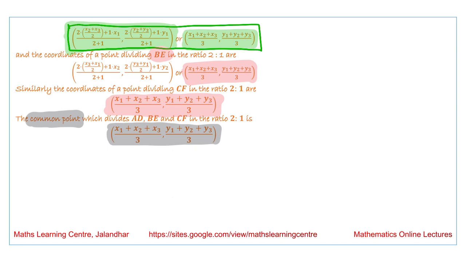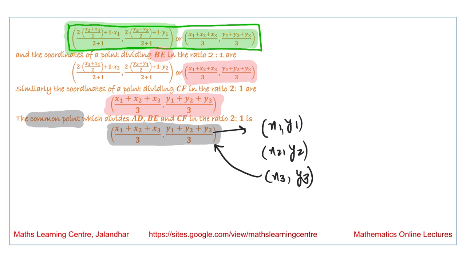These are the coordinates of the centroid of a triangle whose vertices are (x1, y1), (x2, y2) and (x3, y3).